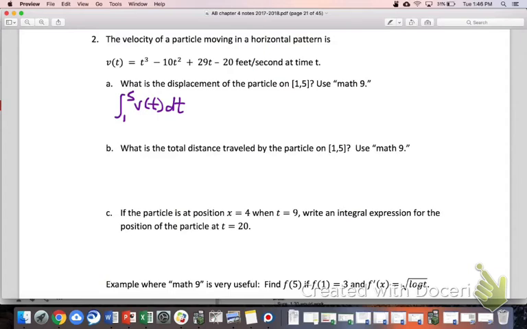Did you guys use Math 9 on this? So that equals 10.667. What kind of units would go on that? Not feet per second, actually. Feet, because it's displacement. Displacement is associated with position.